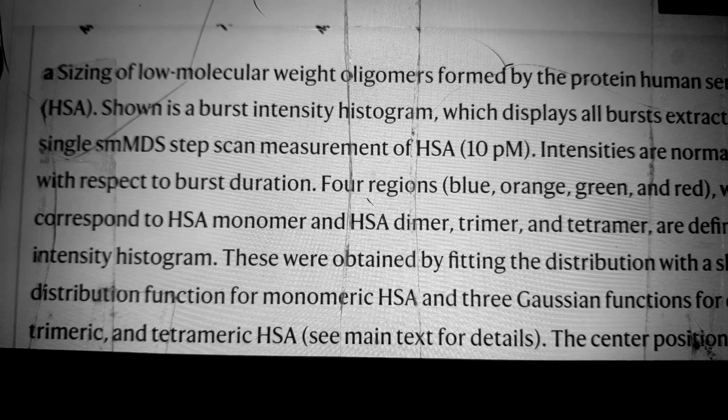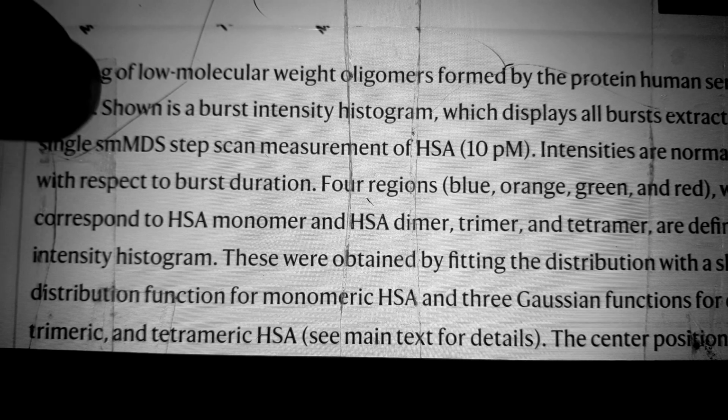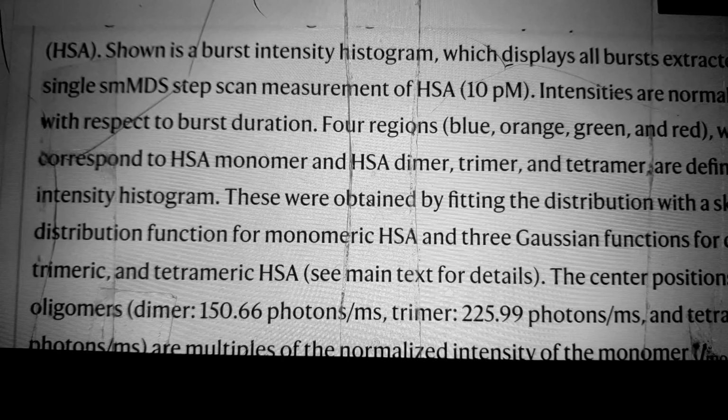Panel A is a sizing of low molecular weight oligomers formed by the protein human serum albumin. Also shown is a burst intensity histogram, which displays all bursts extracted from a single SMMDS step.